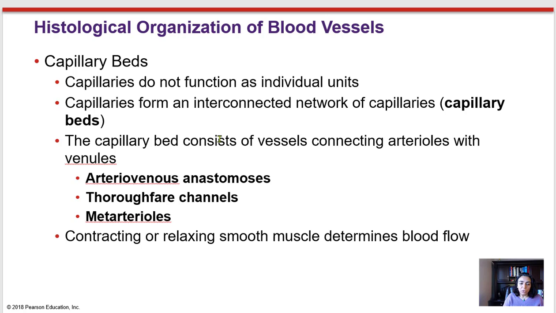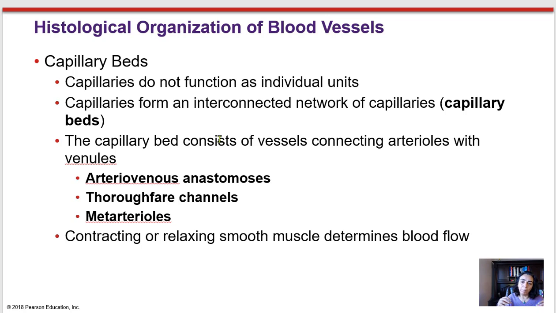Now, let's talk about the capillaries and how they are working and how the blood passes through them. First of all, capillaries are not one single layer of vessels, like it is not that the arteriole of the size of 30 micron comes, then the size becomes smaller, and then on the other side becomes the venule.